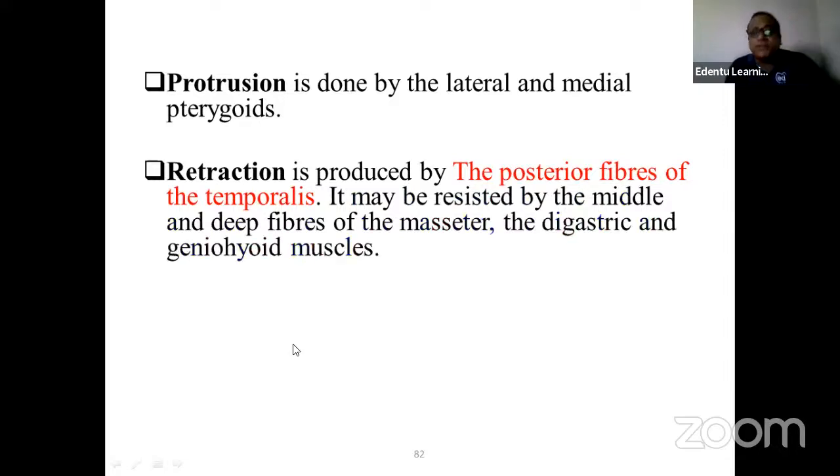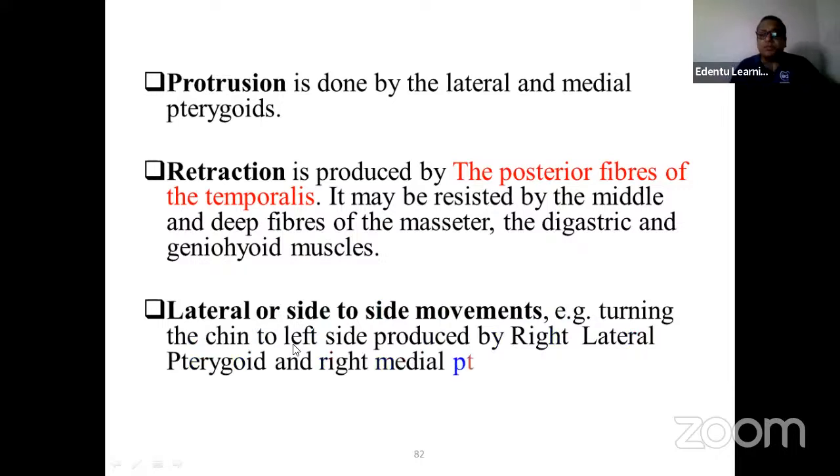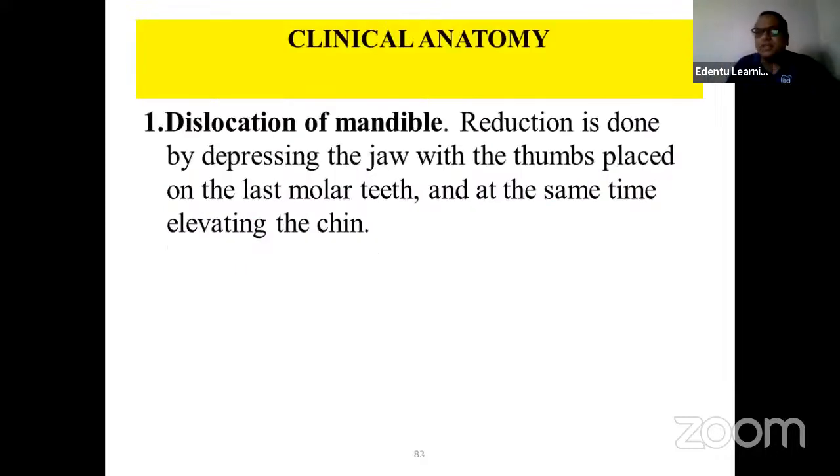Retraction is by posterior fibers of temporalis, and side to side movements are produced by the right lateral pterygoid and left medial pterygoid, and vice versa. Right? So the basic elevation, depression, protrusion, retraction you should know. That will help a lot in reproducing the answer correctly. And please understand also. Do not just mug up the answers.